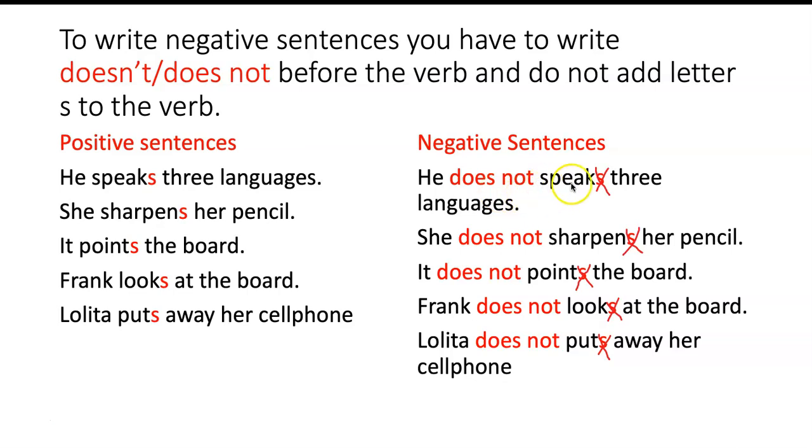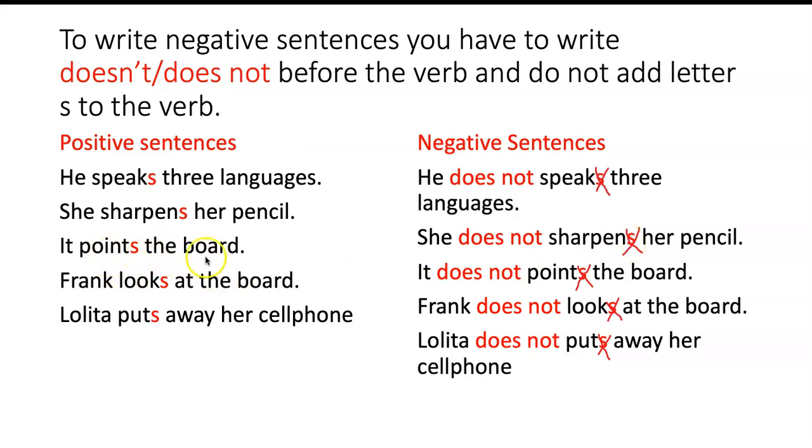He doesn't speak 3 languages. She sharpens her pencil. She does not sharpen her pencil. Again, letter S disappears because you have the auxiliary. When you have the auxiliary, you don't need letter S.